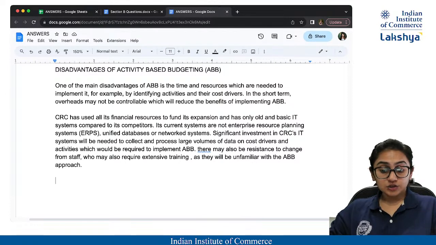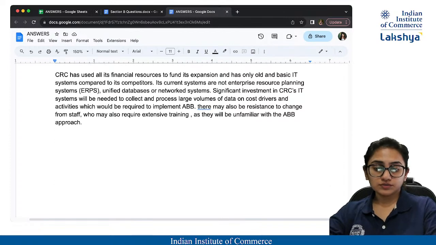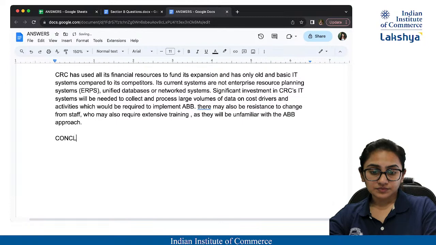And then you don't have to leave the examiner confused, because ultimately you have to give a conclusion to the examiner. So what will be your conclusion?